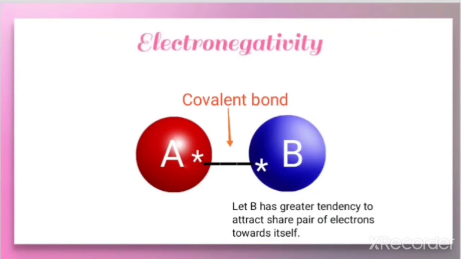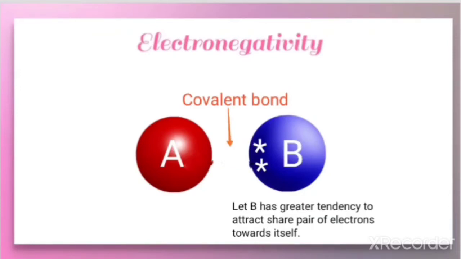That means the two electrons which I marked here, the star marks, are the shared electrons. That means the shared pair of electrons. So the B atom has a tendency to attract the shared pair of electrons towards itself.